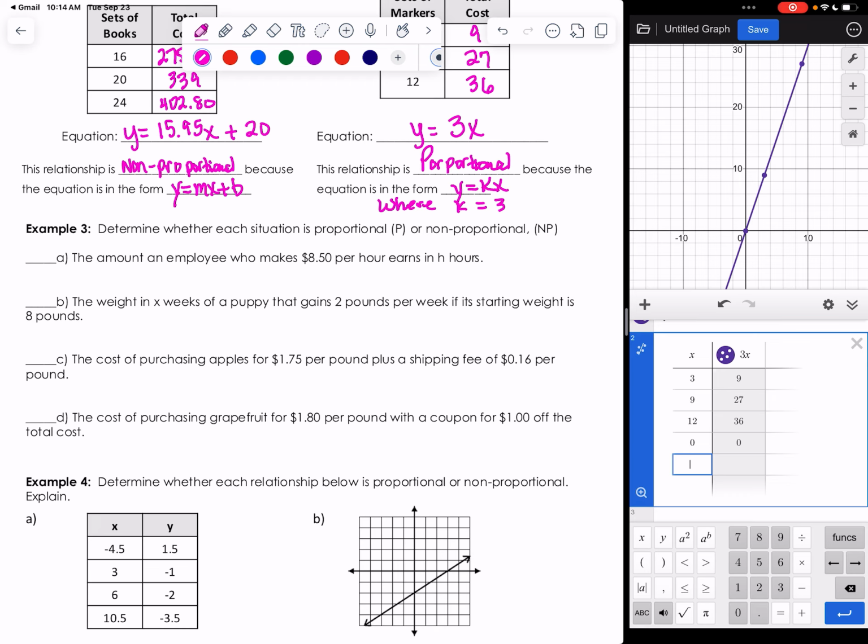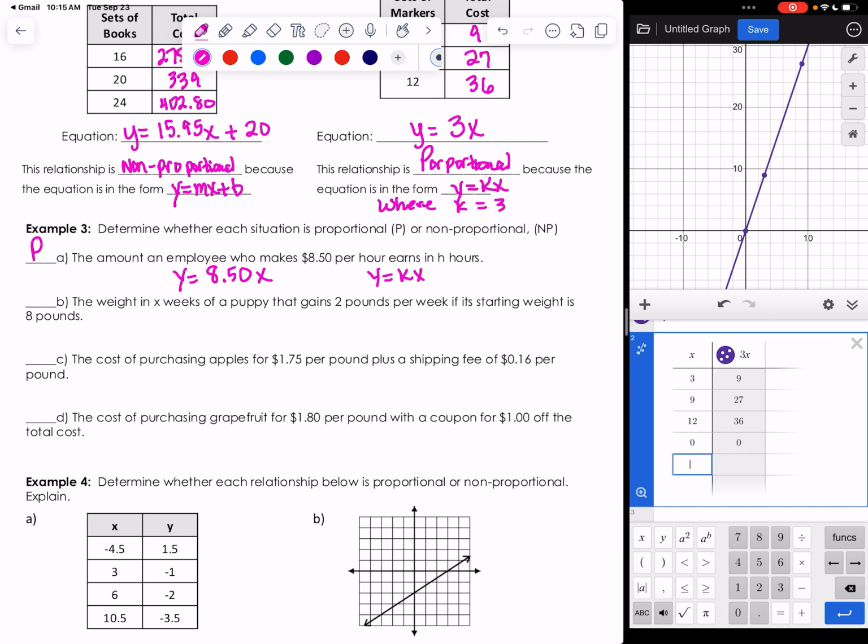All right, problem A. The amount an employee who makes $8.50 per hour earns in H hours. So the salary is they earn $8.50 per hour. So y equals 8.50x. So this would be proportional because the equation is in the form y equals kx.